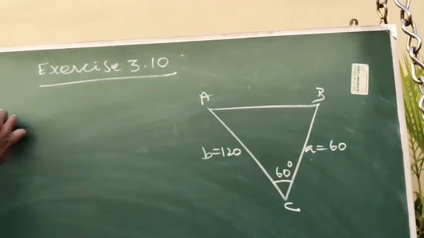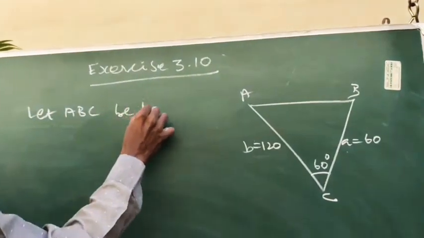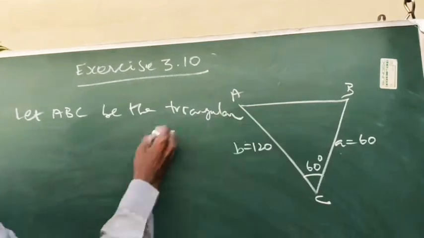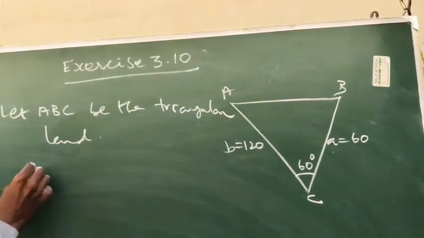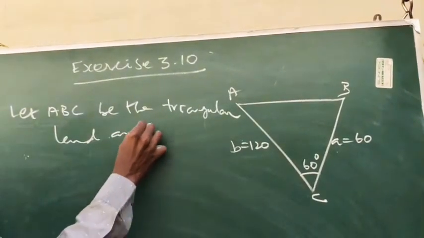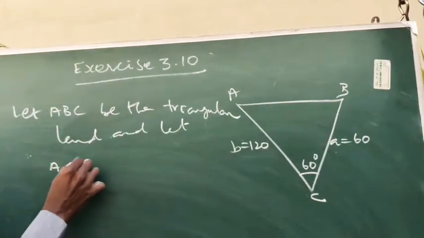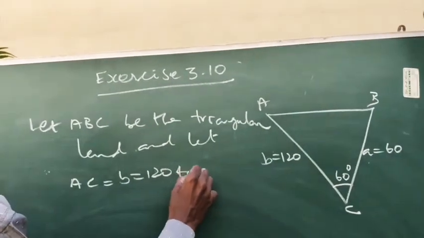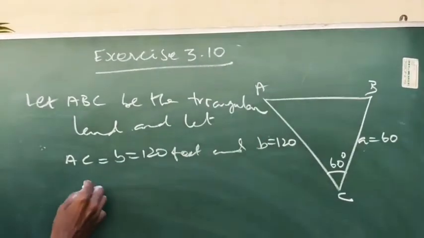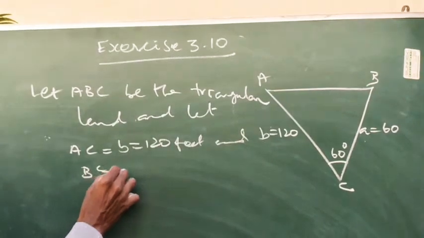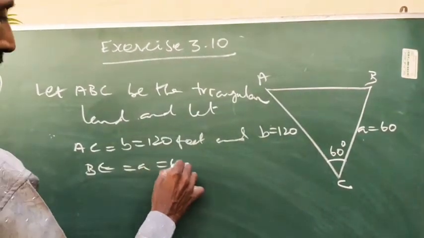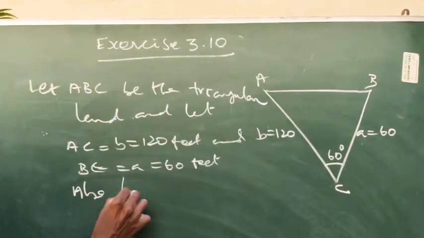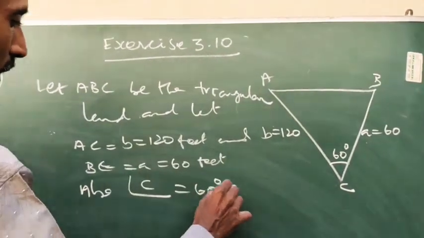Let ABC be the triangular land, and let AC, that is B, equal 120 feet and BC, that means A, equal 60 feet. Also angle C equals 60 degrees.